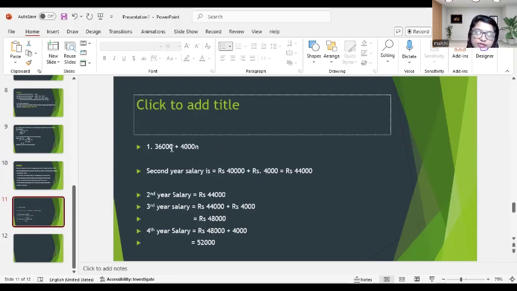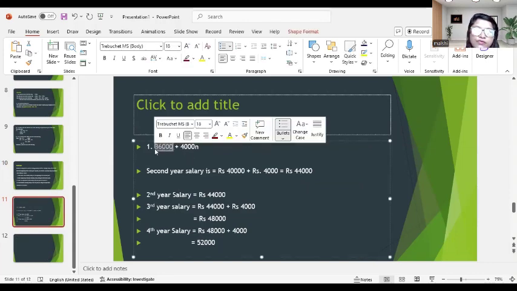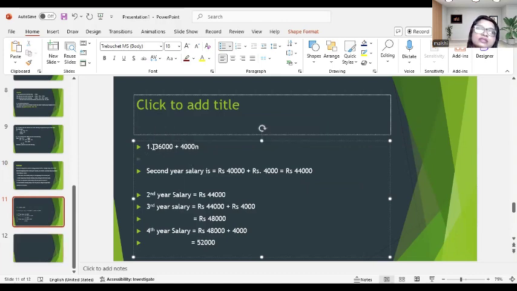You can find the general term using the common difference, and the first term. So therefore, Tn equal to 36,000 plus 4,000n, right? It is the common difference.